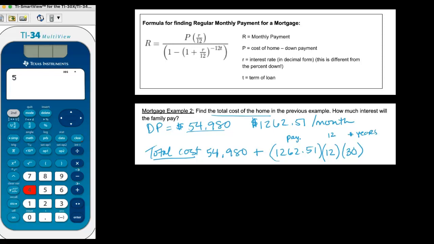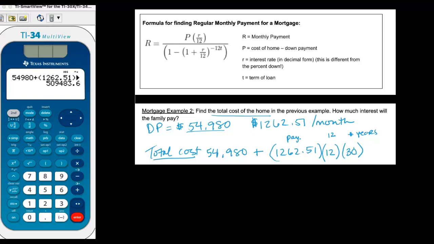So 54,980 plus 1262.51 times 12 times 30. And I could have used multiplication there or the parentheses. Either way, it means multiplication.